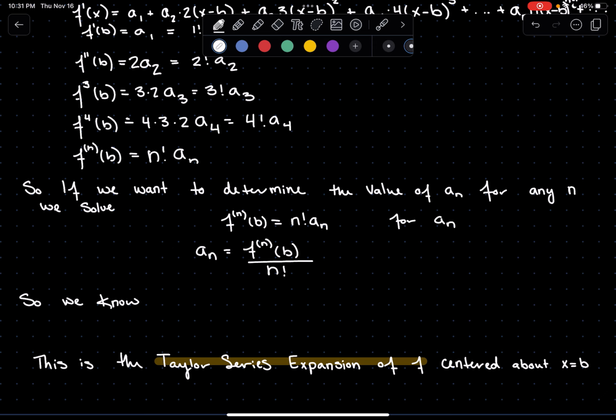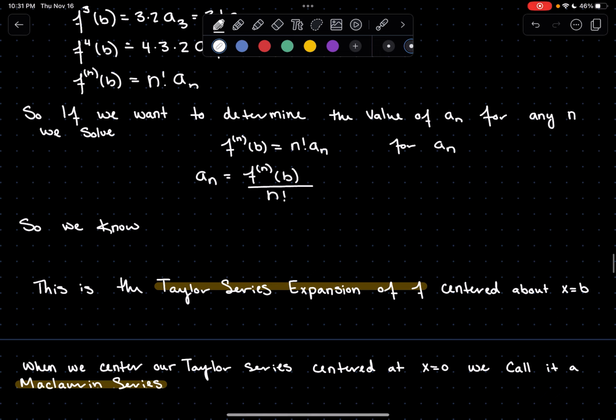So we know that the power series representation of any function, if it has a power series, is equal to the sum from n equals 0 to infinity of a sub n times x minus b to the n. And what is a sub n? That's the nth derivative of f at b over n factorial.